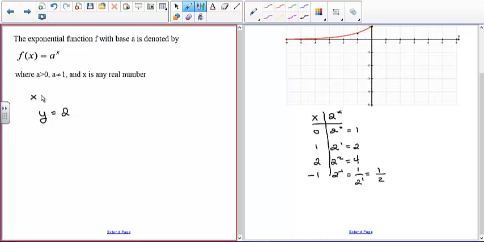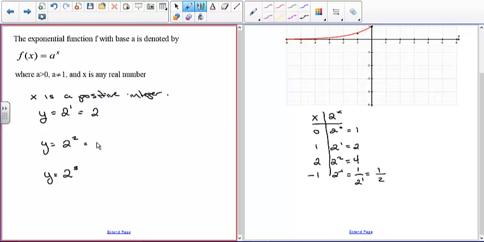So let's just look at the case where x is a positive integer, and look at a couple of different cases here. So what does this mean? The exponent means how many times you multiply the number by itself. So here we just have 2 not multiplied against anything. So any exponential function raised to the first power is just the base.